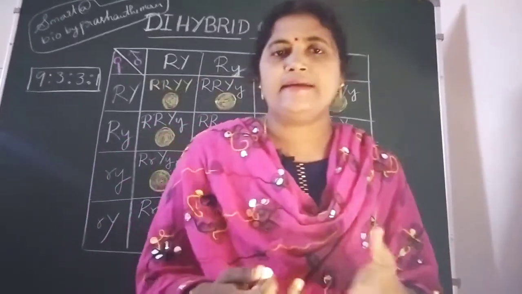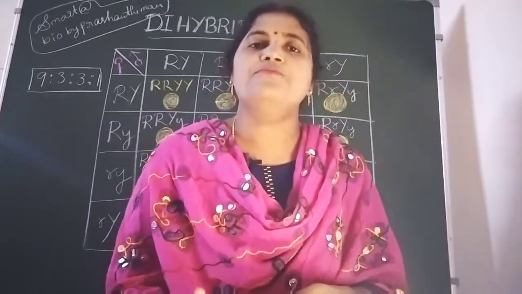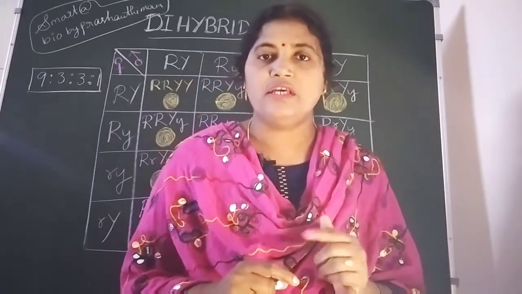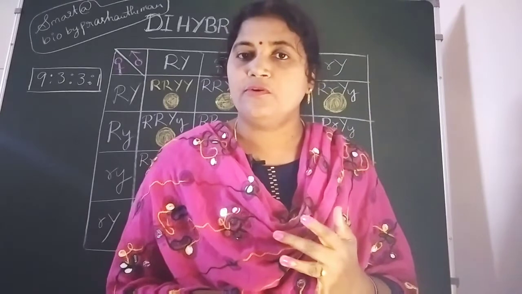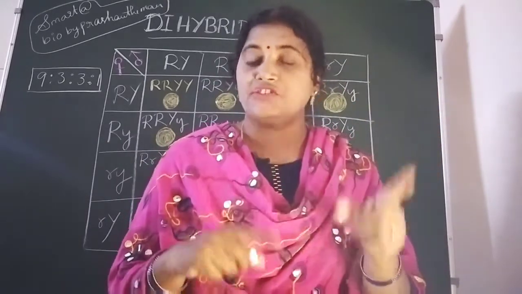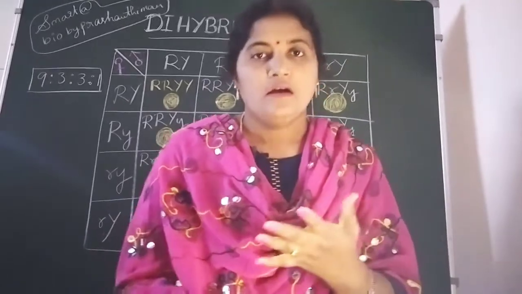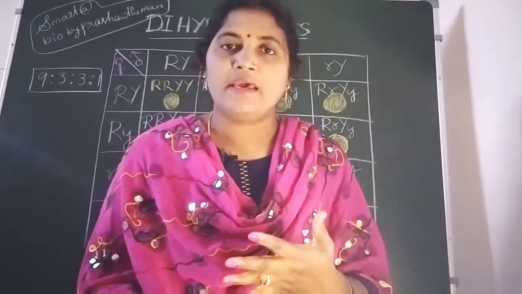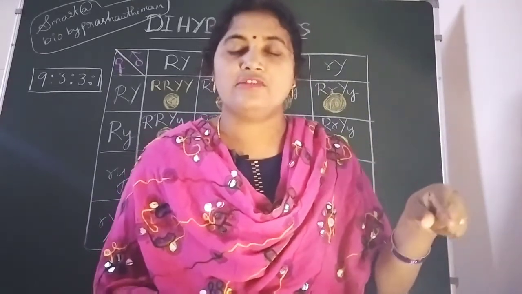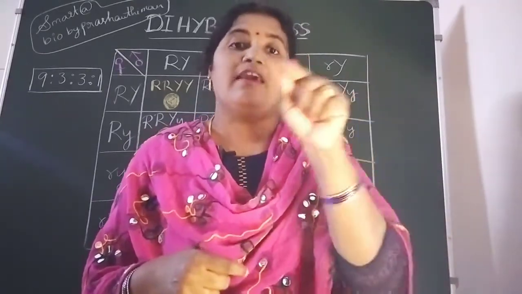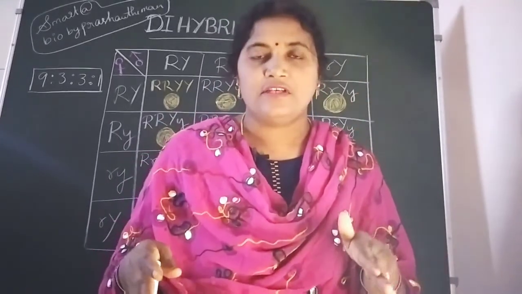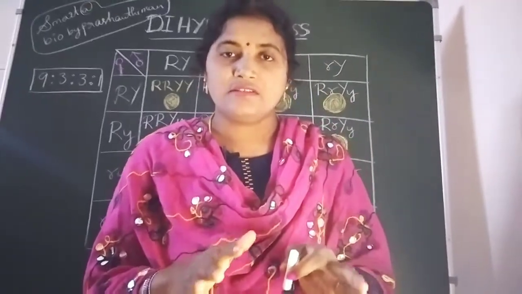So what are the characters we get mostly from the parents? That may be height of the body, color of the body, hair texture, and hair shape. Some offspring may have straight hair, some curly hair, some wavy hair. Wavy is in between straight and curly.